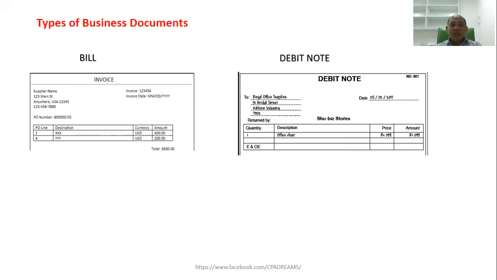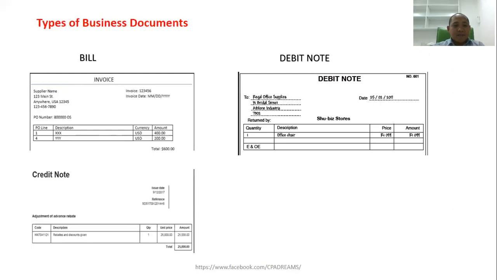This debit note is another document that usually you are going to use if there is any return from your side, okay, when you make sales. Then credit note, this is on the side of the supplier. You will receive a credit note if you return something to the supplier.